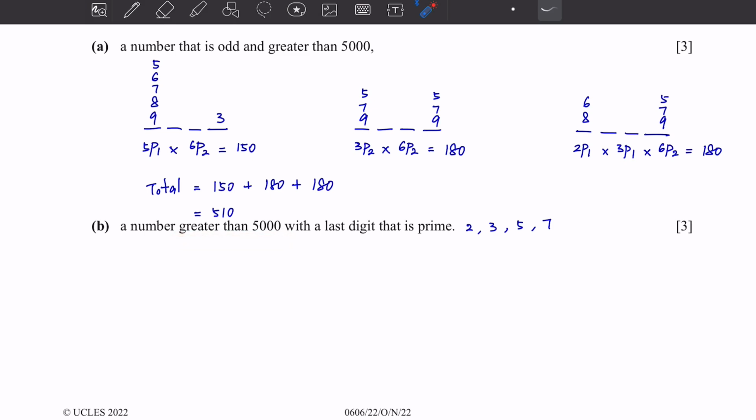So to have a number greater than 5,000, the first digit should be 5 or more, right? So these two numbers can actually be used in the first digit. So same thing, we would split them into 3 situations. So we have 4 numbers.